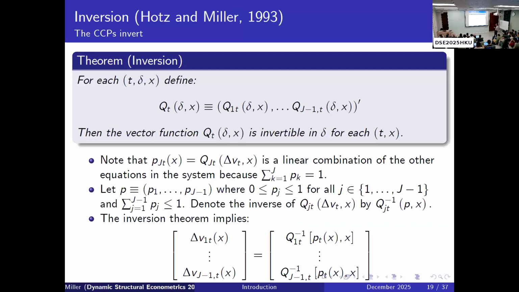In other words, you tell me what T and X is, then we get this invertible. So this implies that the delta V's here can be written in terms of this inverse function. Okay? That's what that's saying.